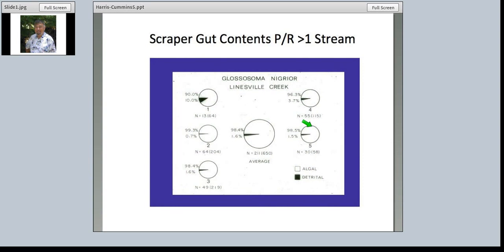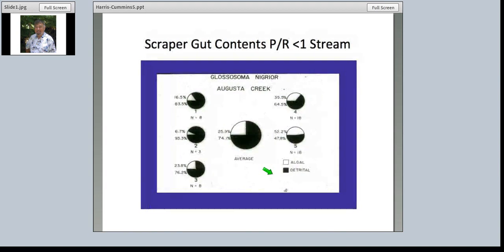This is just gut contents from the larval stages of that particular animal, first, second, third, fourth, and fifth instars, and then averaged over the life cycle. The white is algae, the black is detritus or dead organic matter. You can see that in this particular population, the feeding was dominated by feeding on algae for sure.